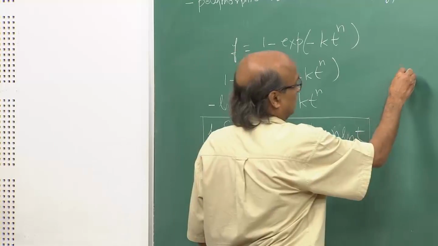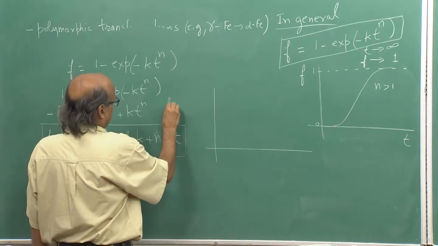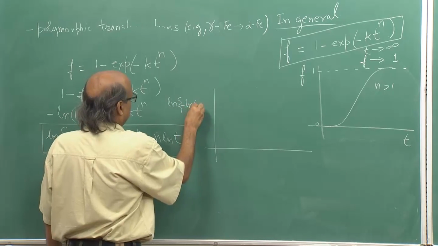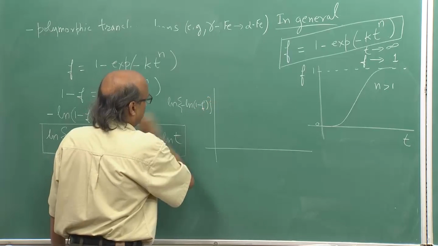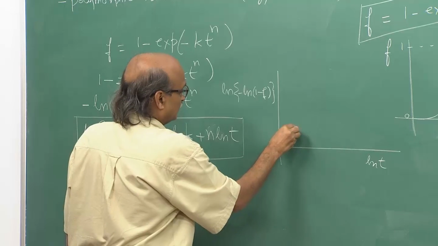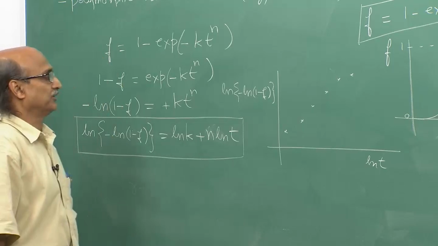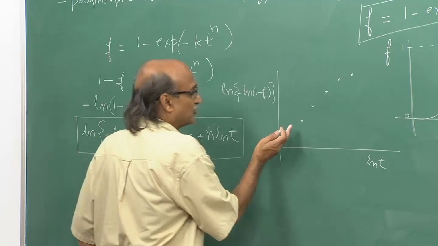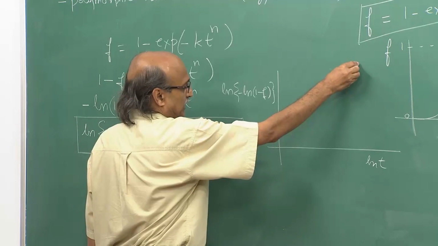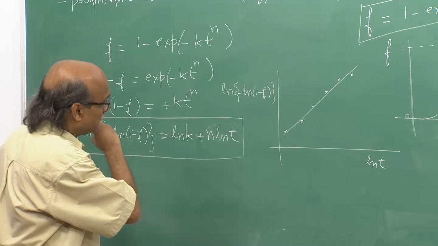So, if I take that experimental data that I have and plot on the y axis ln minus ln 1 minus f versus ln t, if the data follows the Avrami relation, then the experimental data points must roughly fall on a straight line. I can put a best fit line through these data points.